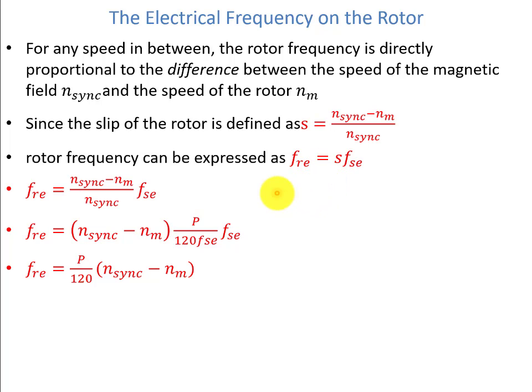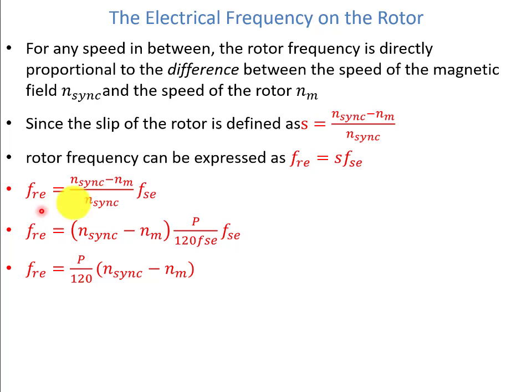That gives the relation between Fre and Fse based on the slip. We know that if S is 1, they are the same, and if S is 0, Fre is 0. These two limits we know.